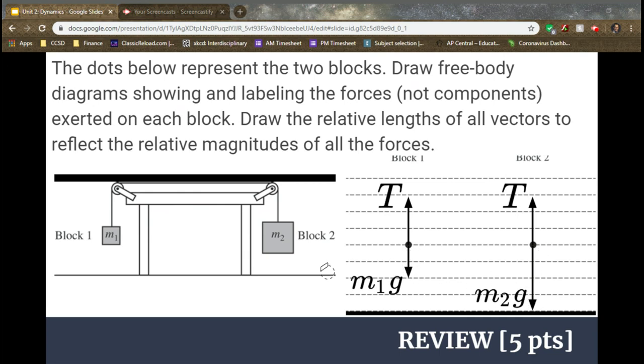In order for block 1 to accelerate up, there needs to be a net force going up, so tension needs to be larger than the force of gravity of mass 1. So the tension force is longer than this arrow. In order for block 2 to be accelerating down, the tension force needs to be smaller than the force of gravity. Your net force needs to be down. And that's what these arrows reflect.